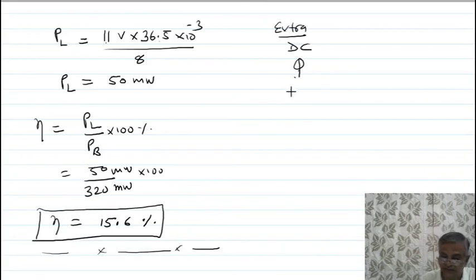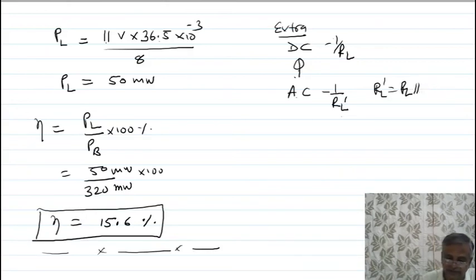Then we have discussed the AC load line, and in the AC load line we have written the slope of your AC load line. Here the slope of the DC load line is minus 1 upon RL. Here we have written RL dash is nothing but RL parallel RO. RO is nothing but the resistance of the voltmeter which is used to measure the output voltage of the amplifier.